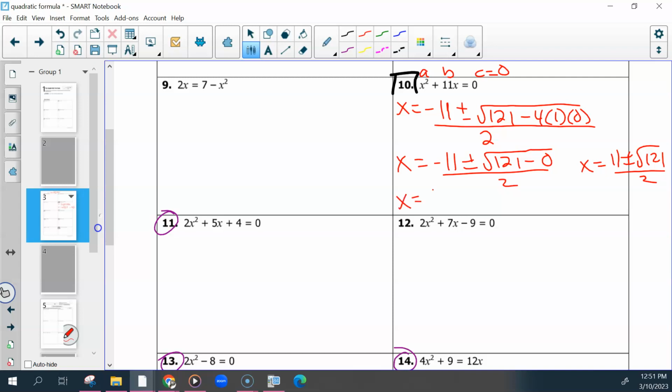So change that to negative 11 plus or minus 11 over 2. Then separate it: negative 11 minus 11 over 2, and negative 11 plus 11 over 2.